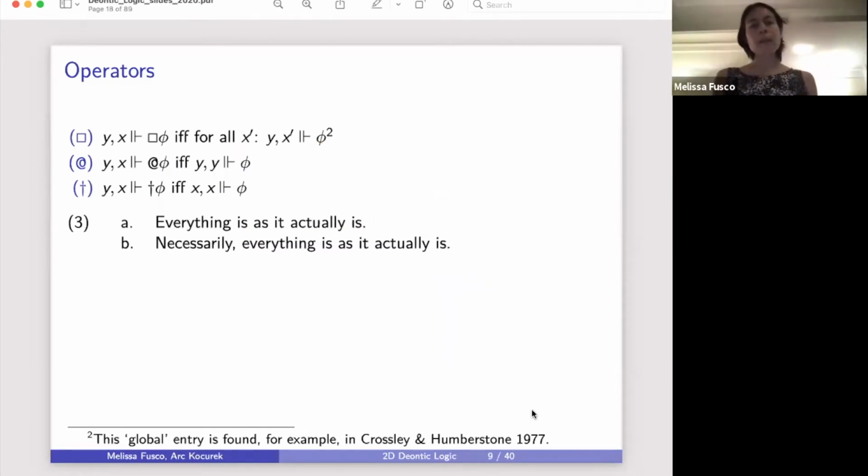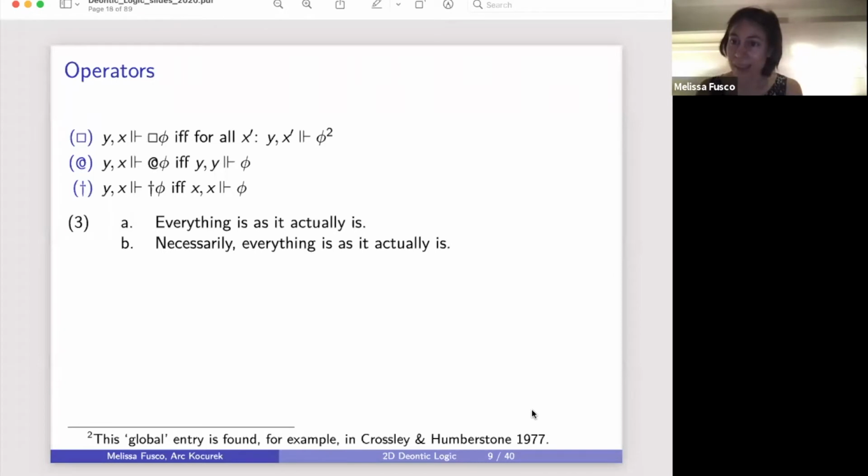Where do we go from here? Well, in two-dimensional semantics, we're interested in modeling sentences like 3a, everything is as it actually is. That seems to have some status as true in some especially robust sense. I maybe know it's true without looking at how the world actually is.